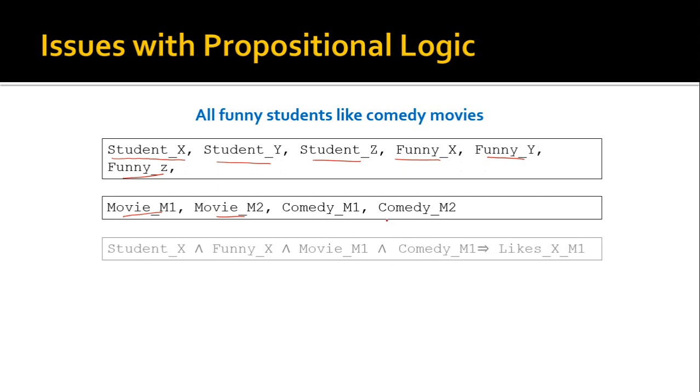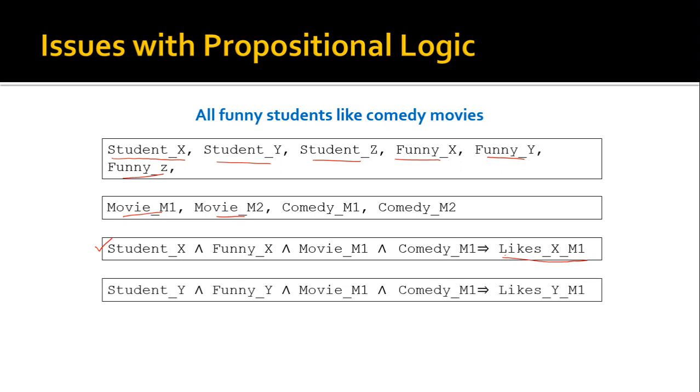Now using this, you have to write something like this: X is a student, X is funny, M1 is a movie, M1 is a comedy. If that is so, then X likes M1. That is, the student X likes movie M1, right? And you have to write this kind of statement for all the other objects or entities that you have in your world.